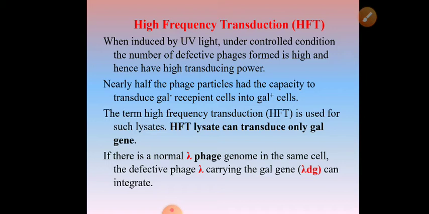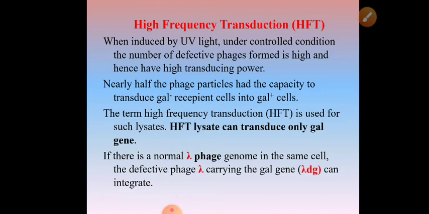Now, if there is a normal lambda phage genome in the same cell, if the recipient cell is already infected with normal lambda phage, still the defective lambda phage carrying the gal gene can integrate. So the cell is already having lambda DNA integrated inside its chromosome, but still the defective lambda phage can get integrated, and such a cell has about 50% chances.